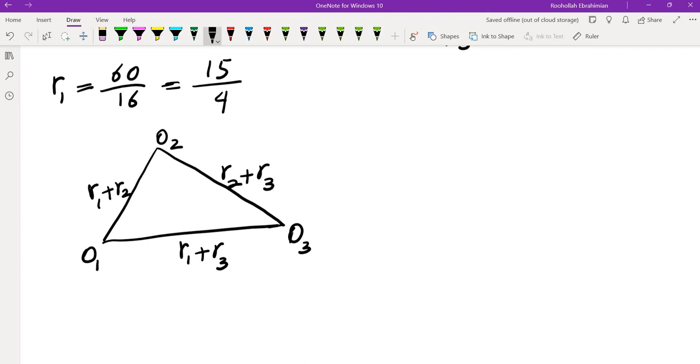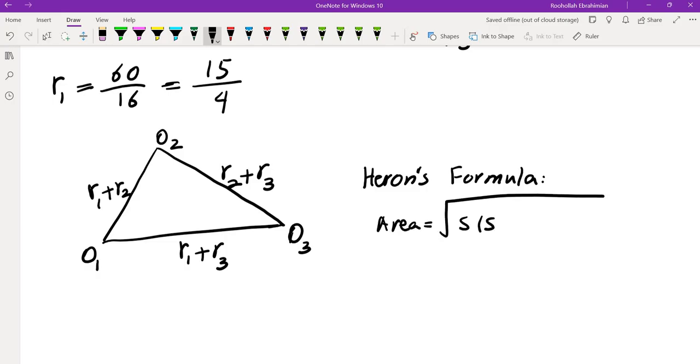So how do we find the area of a triangle when we have the three sides? Well, we're going to use Heron's formula. The area is equal to the square root of s times s minus each of the sides, where s is the semi-perimeter.